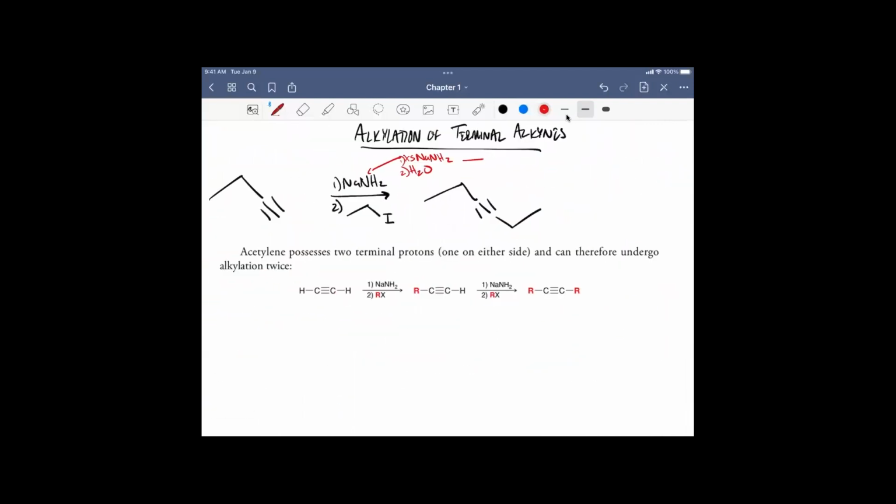We use that to get to a triple bond, but instead of using H2O as our secondary step, we're going to use something like this to add more carbon. In this example, this is an ethyl group connected to a halogen in order to connect more carbons into our chain.